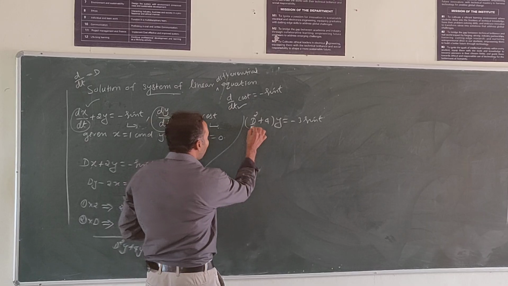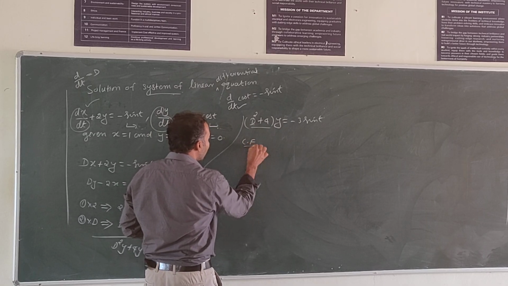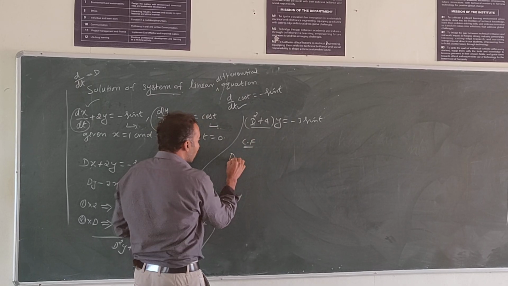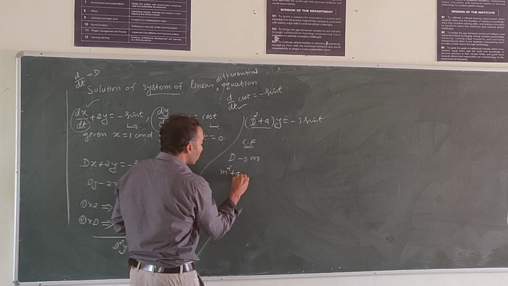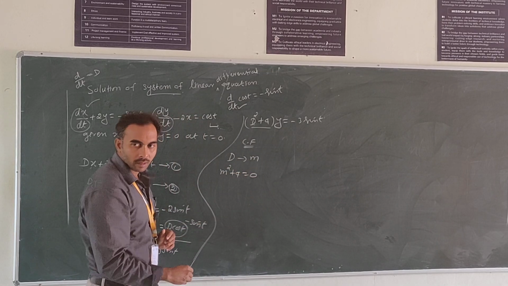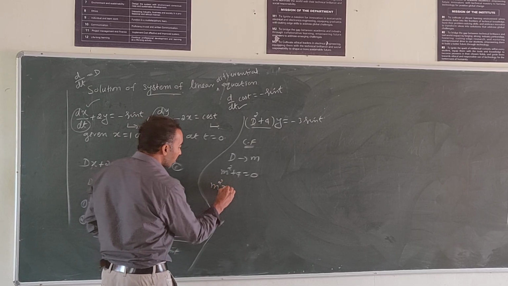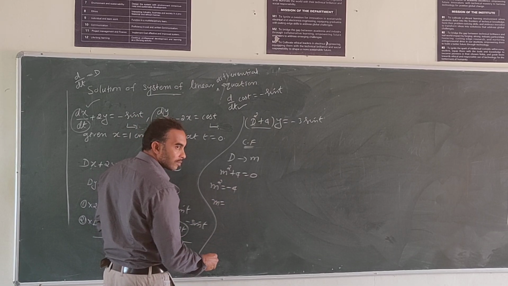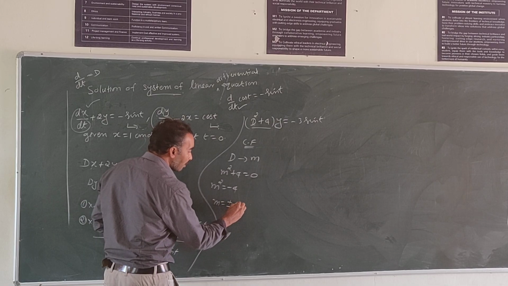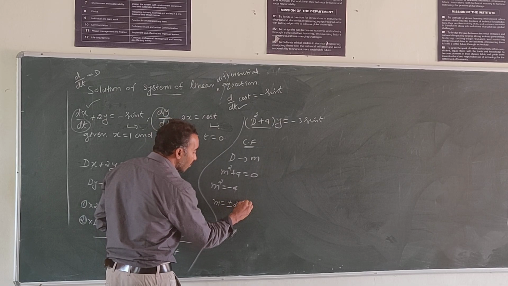First we have to find the complementary function. For that, replace D by m. So m square plus 4 equal to 0. So m square equals minus 4. So m equal to plus or minus 2i.